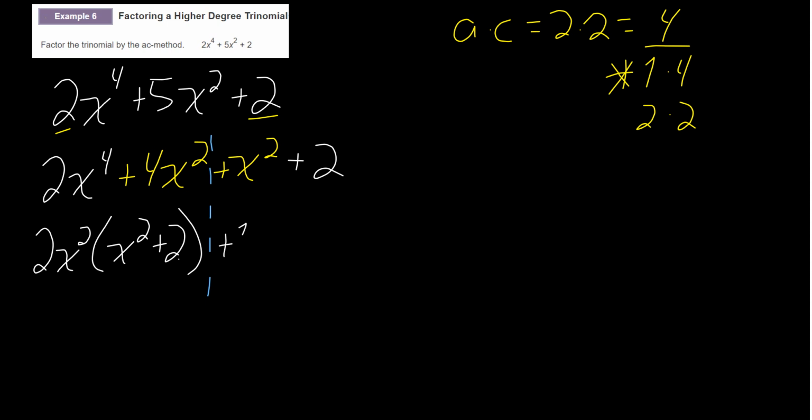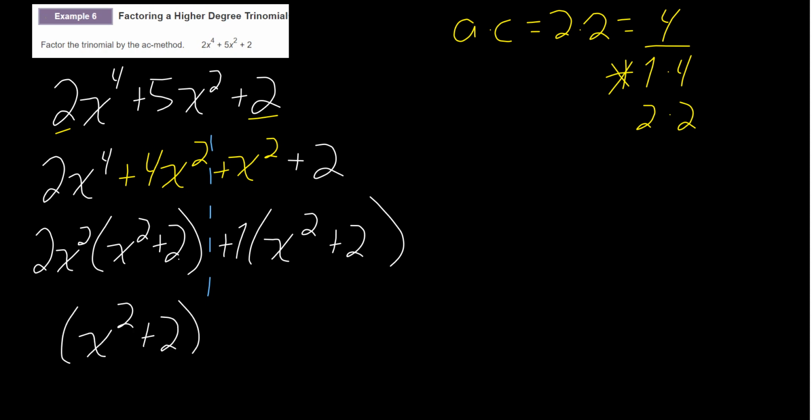That leaves me with x squared plus 2. And therefore we've got x squared plus 2 and 2x squared plus 1. Okay. And I believe that was the last example.